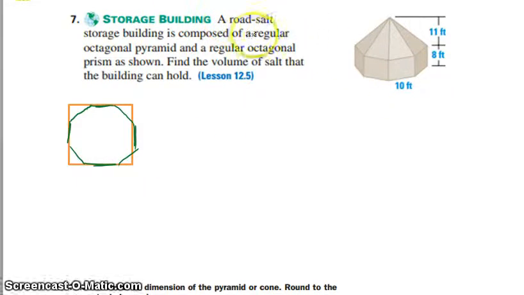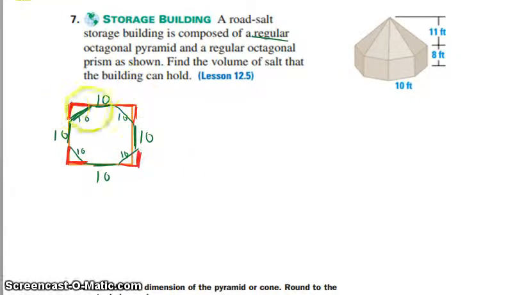So it says that this is a regular octagon, so that means each of the sides are 10. So that's 10, that's 10, that's 10, that's 10. These diagonals are also 10. Now if I cut off equal amounts over here and over here, then I create 45, 45, 90 triangles.